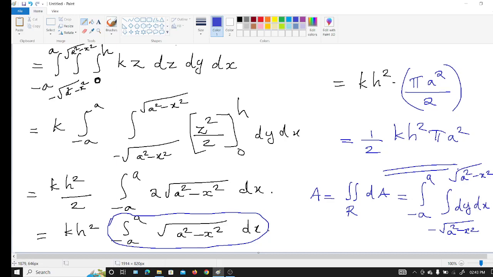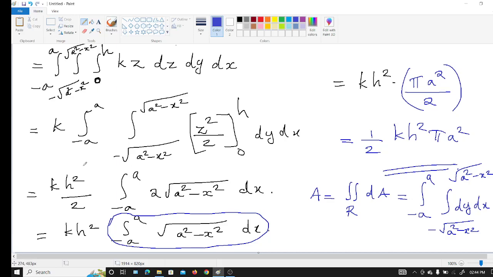This is the formula for finding the area of a given region, here for the circle.